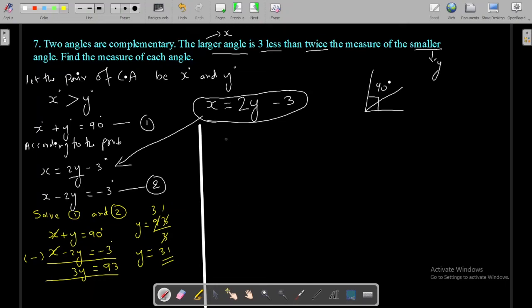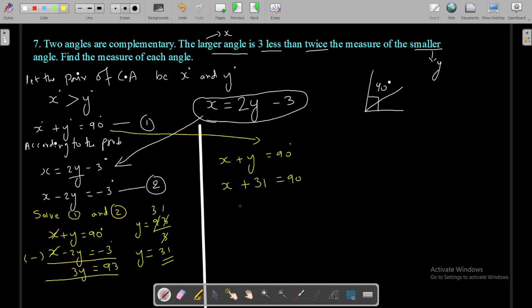So I got this value y. So I'll substitute this in equation 1. So x plus y is equal to 90 degree. So x we have to find out. We got the value of y as 31.